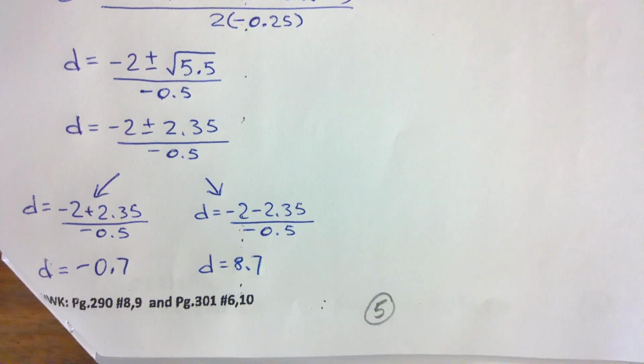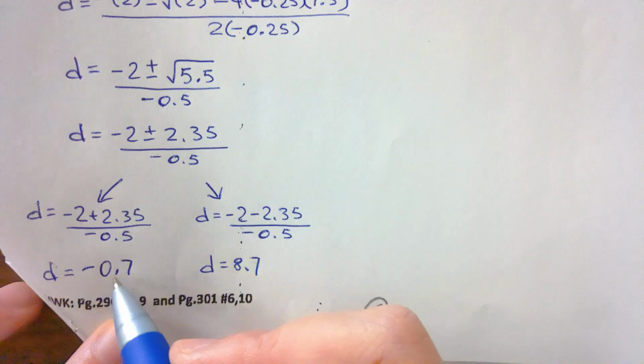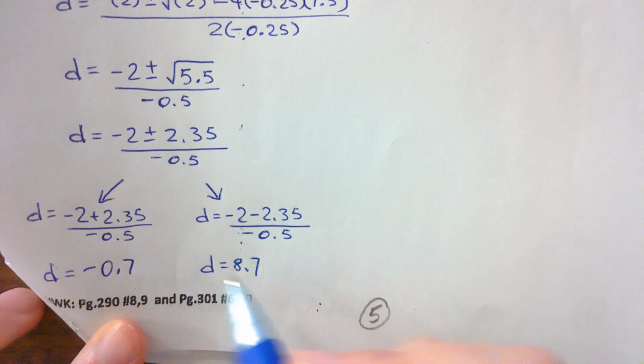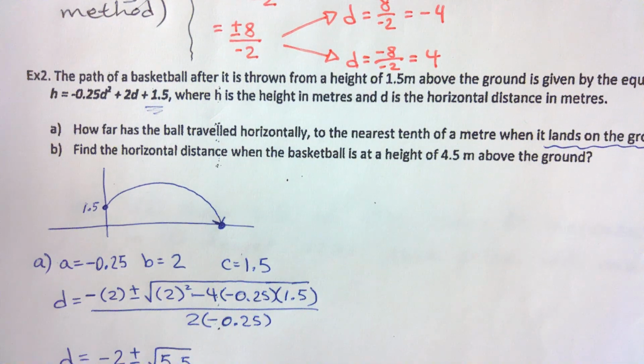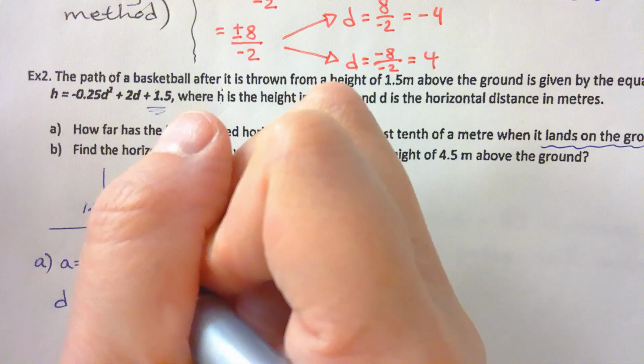Okay. In this case, should we reject an answer? Yes. Why? Right. I'm not throwing the ball out of bounds. Okay. So, but why does it still give me two answers if only one of them makes sense? Right.